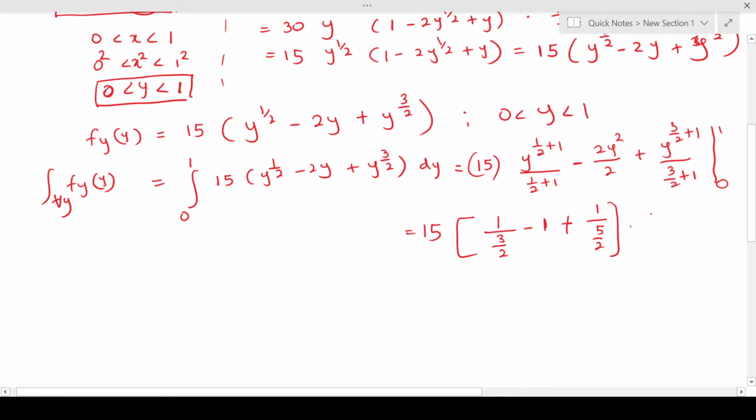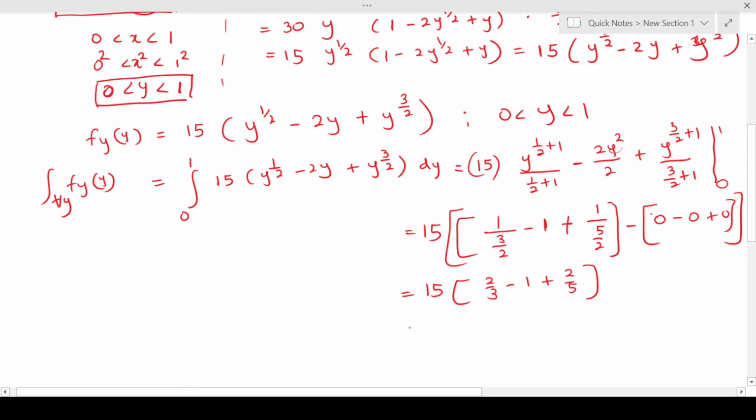Then you are going to subtract what you get when you plug in 0, which becomes 0 for every term, since if the denominator is not 0, you are fine. So this is 15 times, taking the reciprocals, 2 over 3 minus 1 plus 2 over 5.